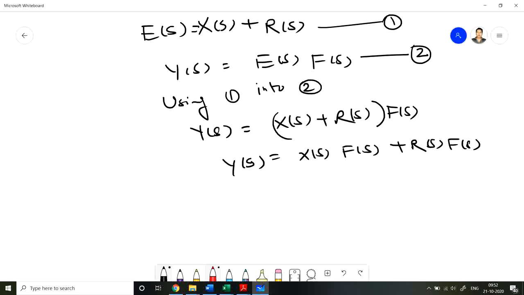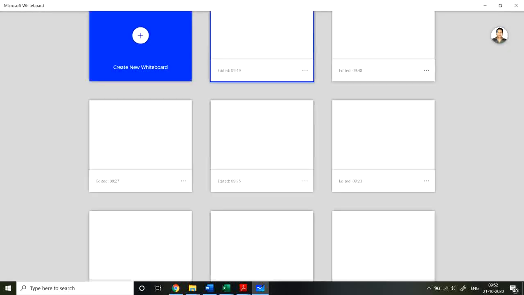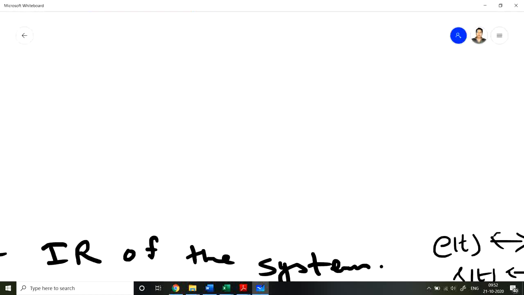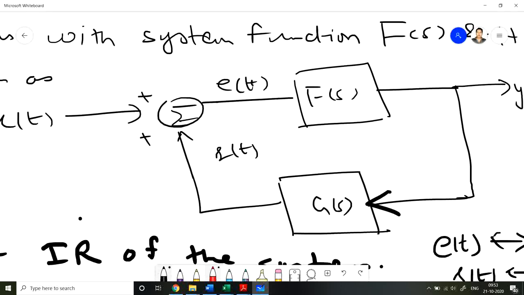Now we can use the value of R(s). What is R(s)? If we see the previous slide, we can find that R(s) is nothing but the multiplication of G(s) with Y(s).